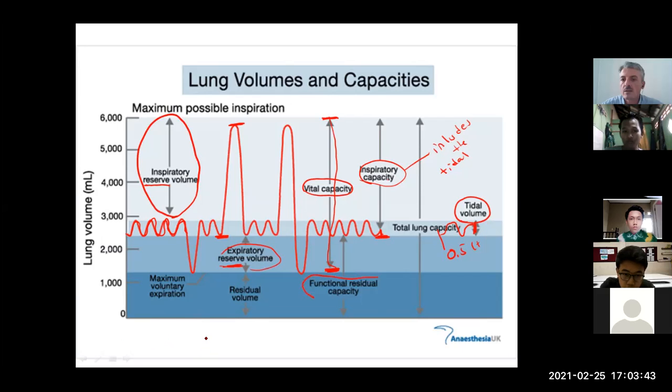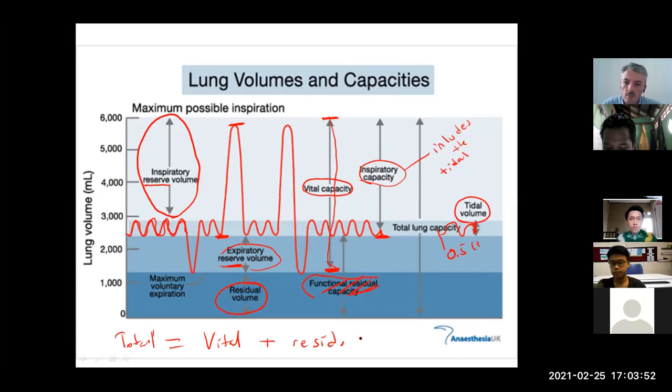Sometimes formula like total is equal to, let's say vital, a simple one, plus residual, right? A simple formula like this, total, all of it, equal to residual plus vital. So question can be like this: total volume is equal to vital capacity plus what?